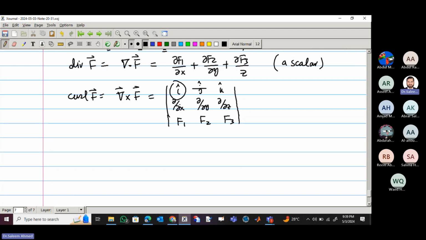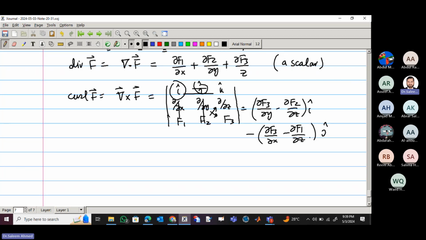First, you will take i, delete these two: partial f3 by partial y, partial f2 by partial z, and with i. Then minus with j, you will have the second row gone. So partial x of f3 and partial z of f1, right?